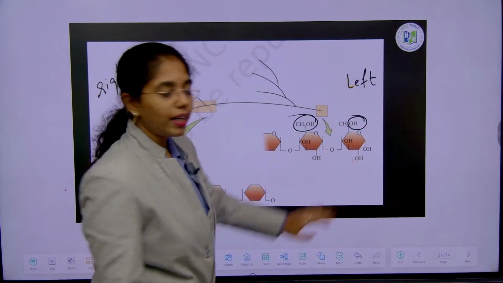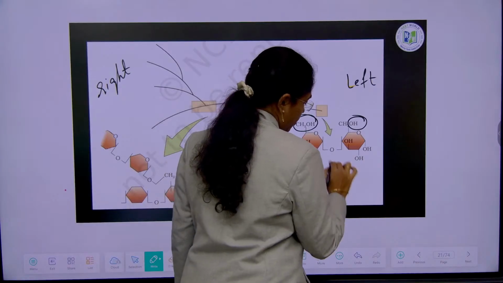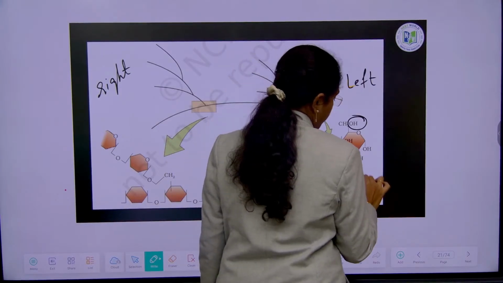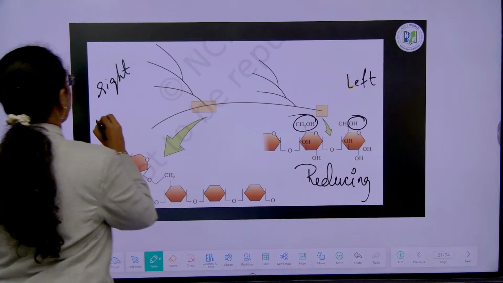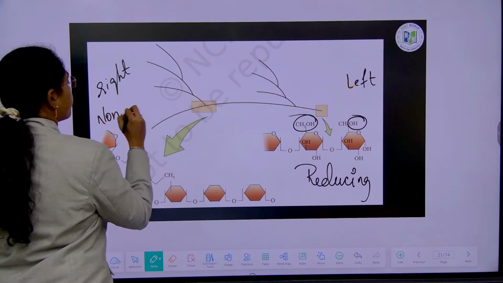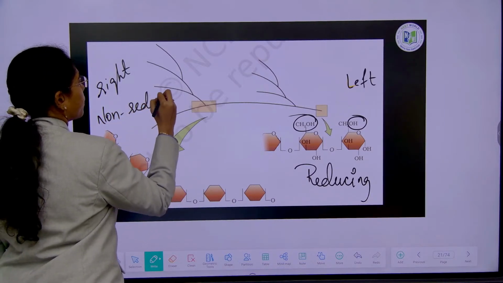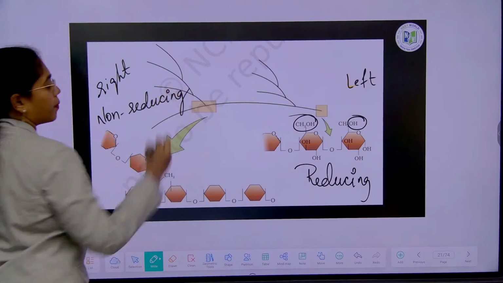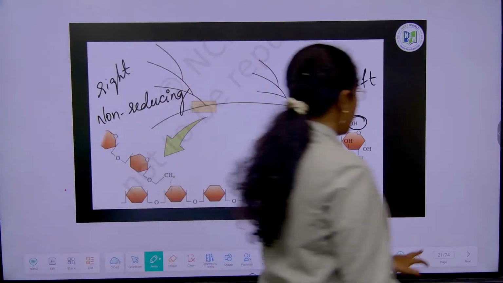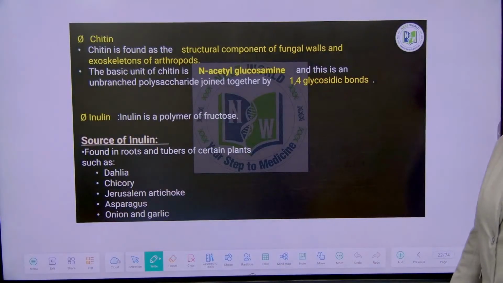So this is the reducing end. And this side it is the non-reducing end. Right? Clear, no?